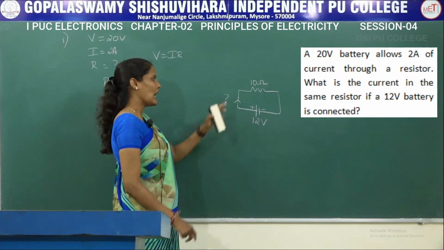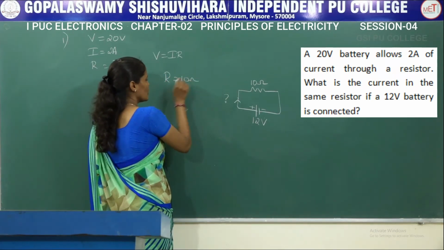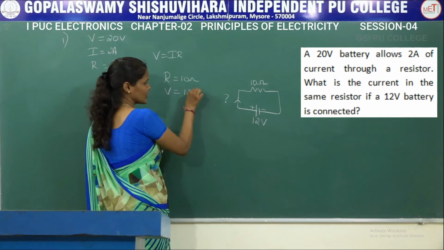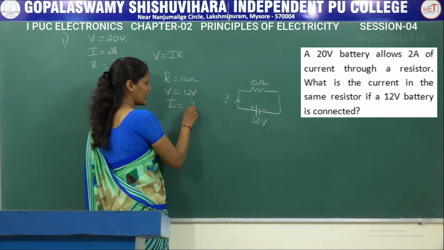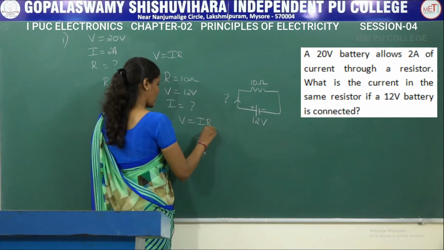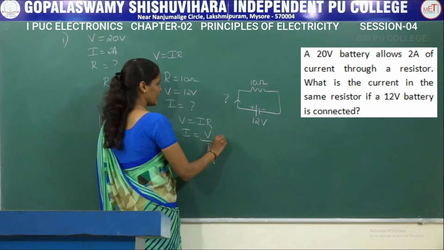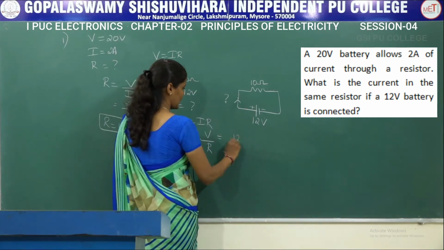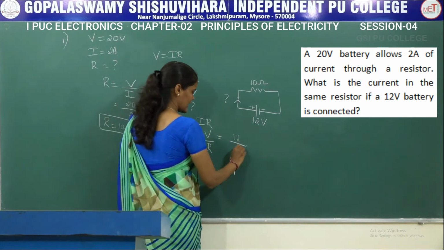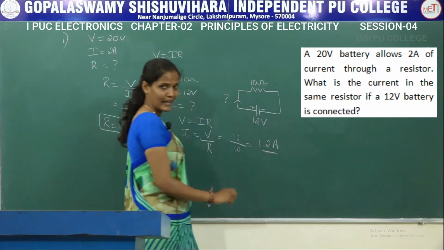So R is given whose value is equal to 10 ohms. V is given whose value is equal to 12 volts. I have to find out the value of I. So V is equal to I into R, or I is equal to V divided by R. V value is 12, R value is 10. So it is equal to 1.2 amps.